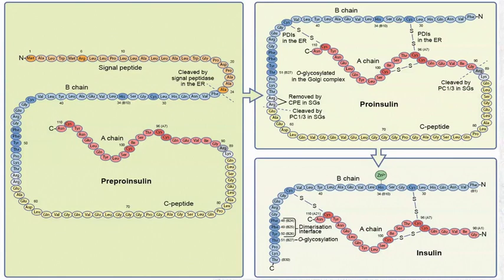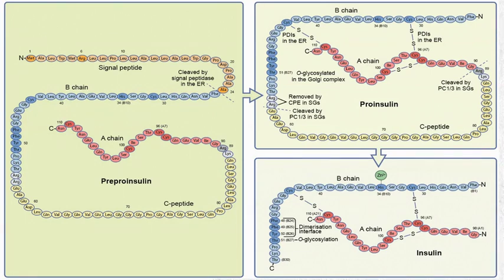So this is exactly what I was trying to explain. The signal peptide, from the first amino acid, which is methionine, to the 24th amino acid, alanine, is cleaved off. Then when you look at the proinsulin on the right, you begin to see the formation of disulfide linkages.